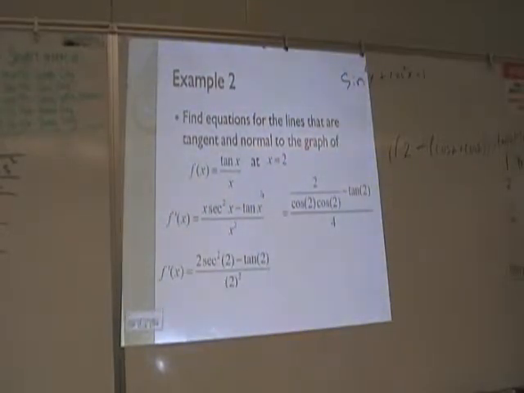If not, you can split them into different parts. But you should get 3.433. Make sure you can get this number.